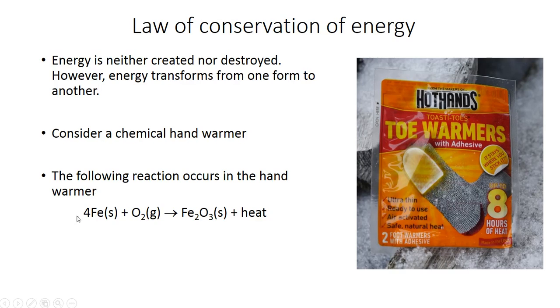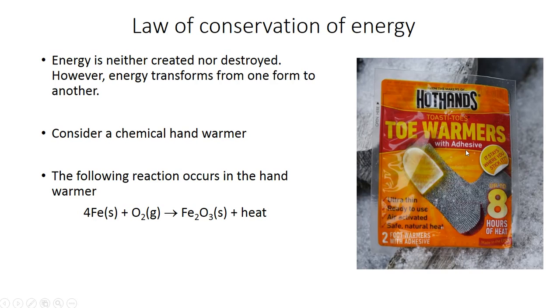So in this case, we are transforming the potential energy that was in these chemicals into heat, and we use that heat to warm our bodies. So in this case, the energy is not lost. The energy has transformed from chemical potential to heat, and we have used the heat to warm our bodies.